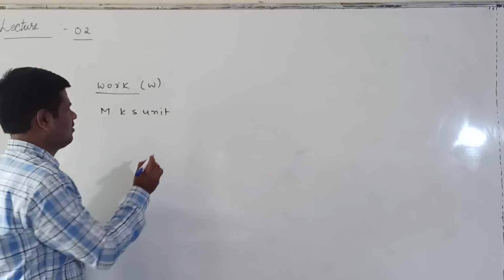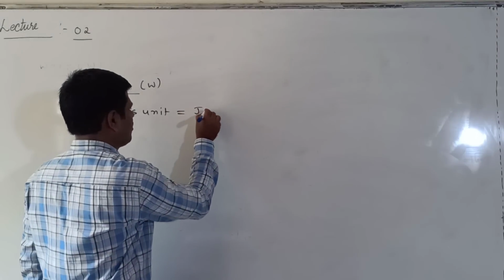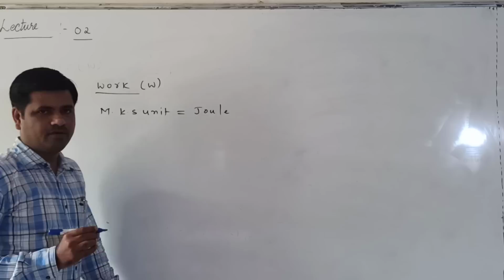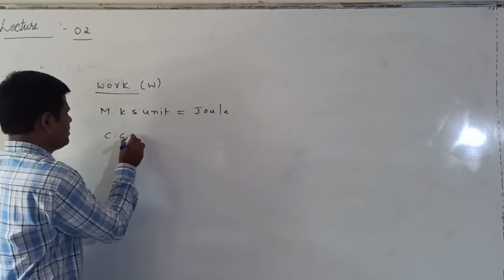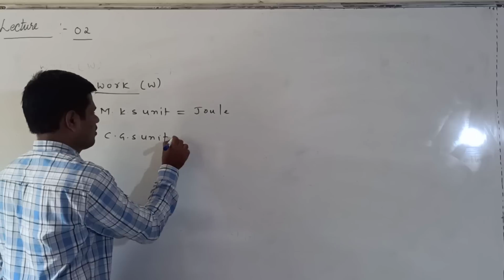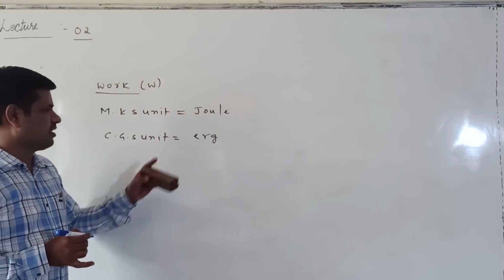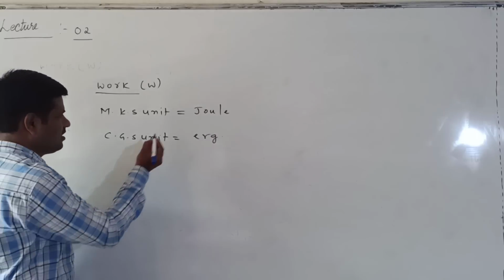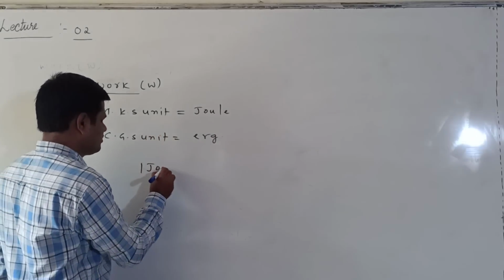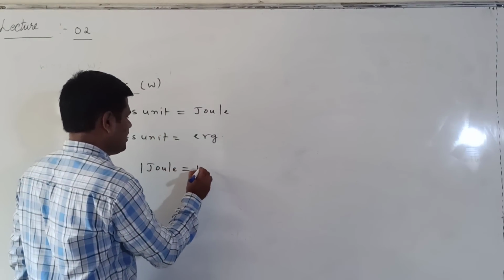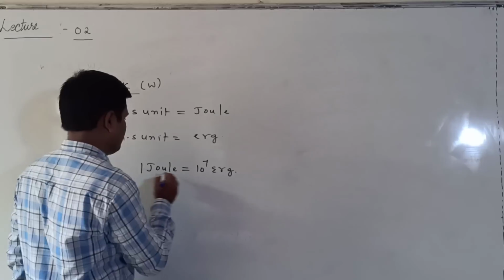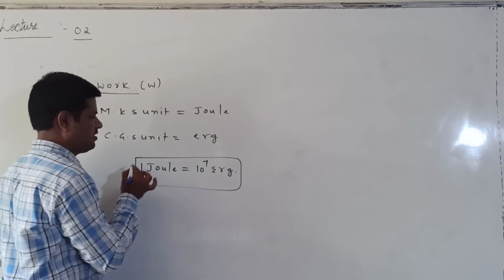The MKS unit is the joule. Right, you know that. Next the CGS unit, this is the erg. Now the relation between joule and erg is 1 joule is equal to 10 power 7 erg.